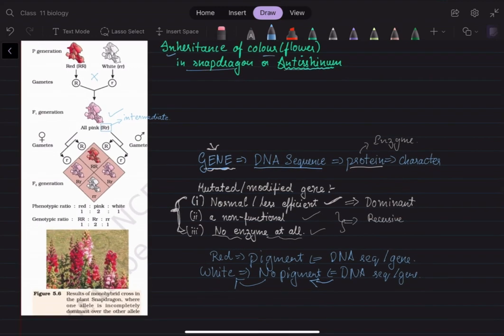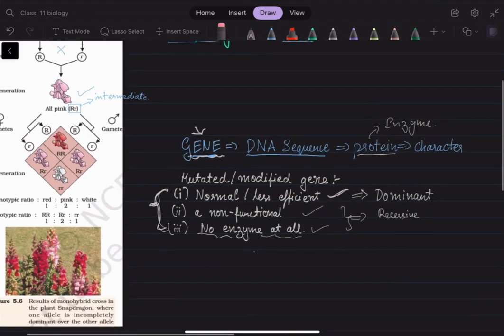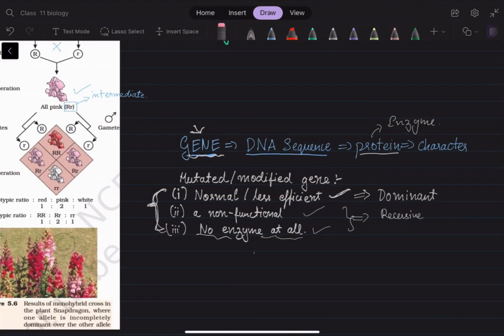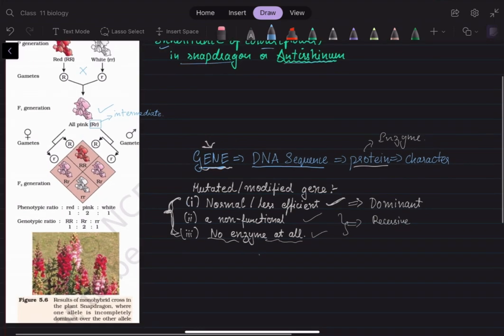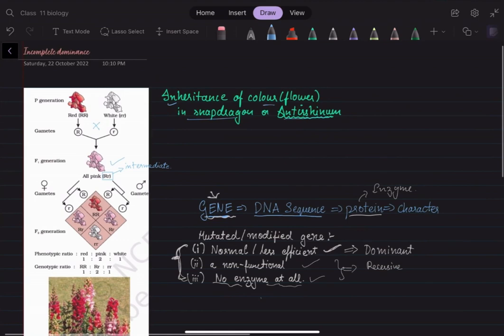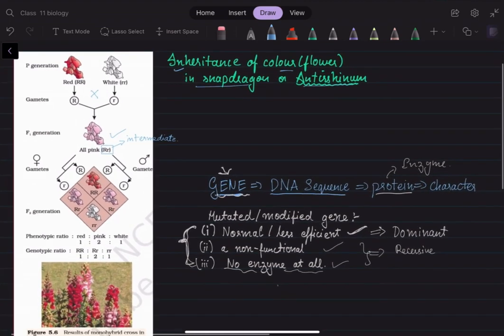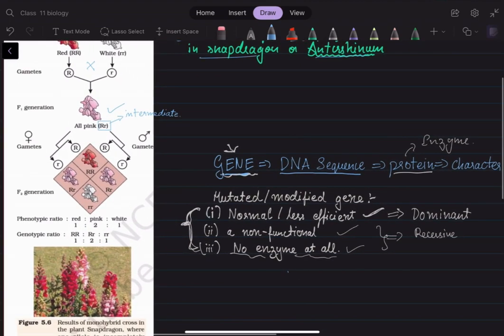Most recessive traits arise due to a non-functional enzyme or no enzyme at all. This is actually the reason behind incomplete dominance. Now you see why we get an intermediate color.